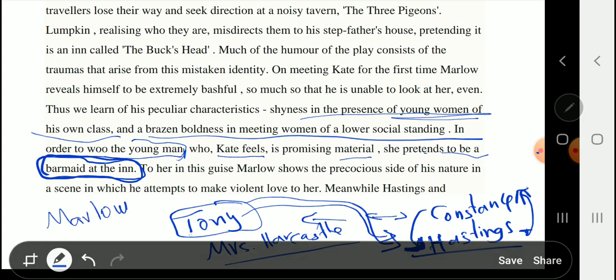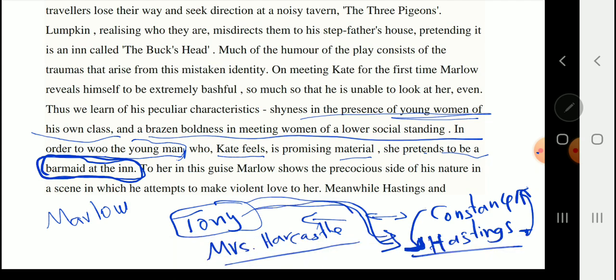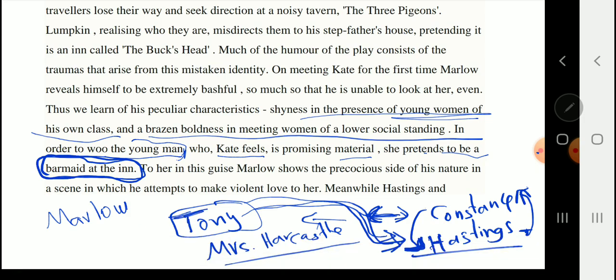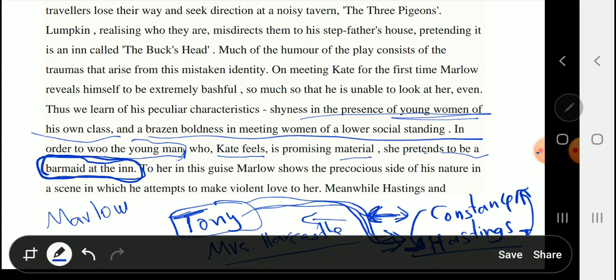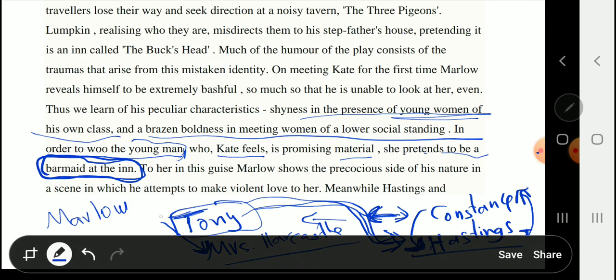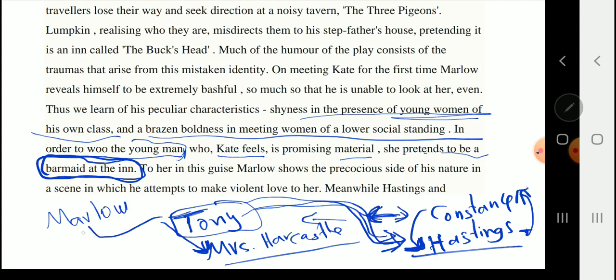Okay, so as I've already told you, Tony decided to help Hastings and to help Constance to run away because he didn't truly love Constance and he doesn't want to marry her. So what happened is that Tony stole Constance's fortune, or jewelry, from his mother, Mrs. Hardcastle, and he took the jewelry and gave them to Marlowe.